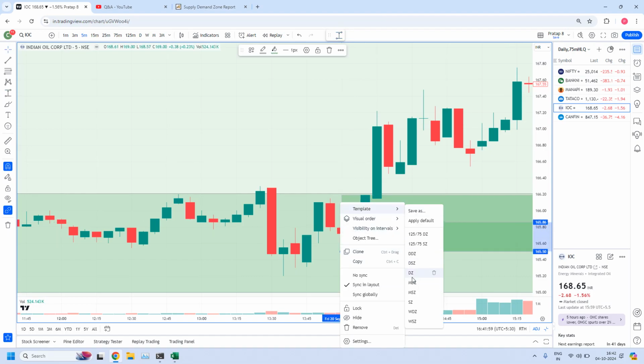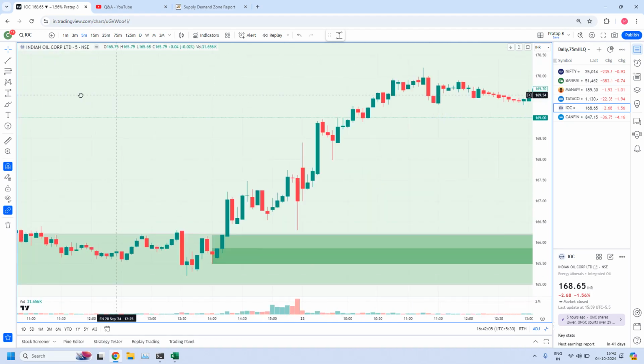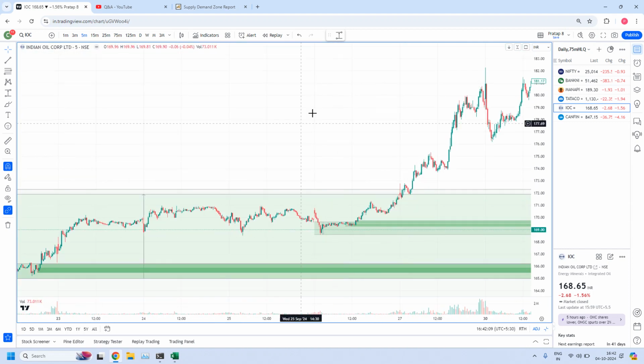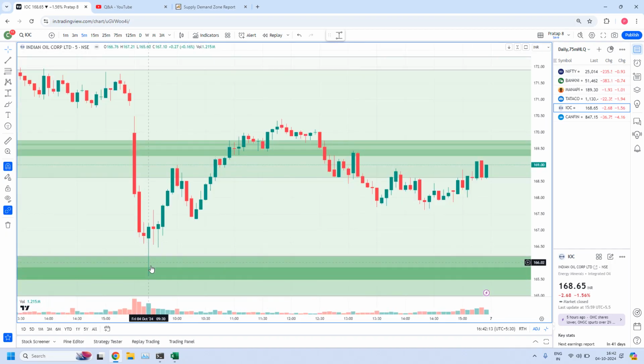And this is the 5 minute demand zone. This is the real institutional order flow. See, today it exactly touched the real institutional order flow, and see the sharp rejection from here.